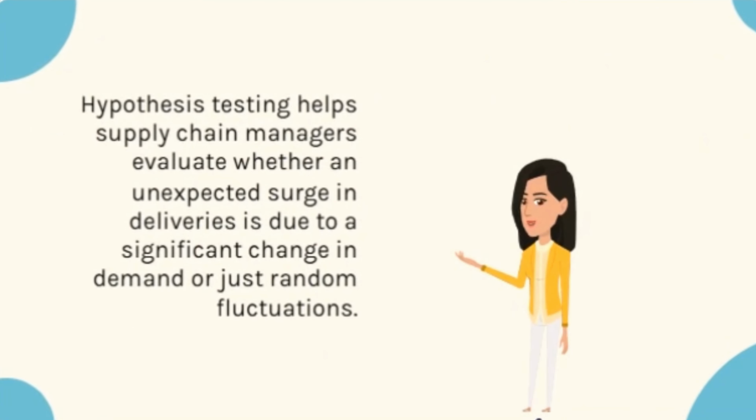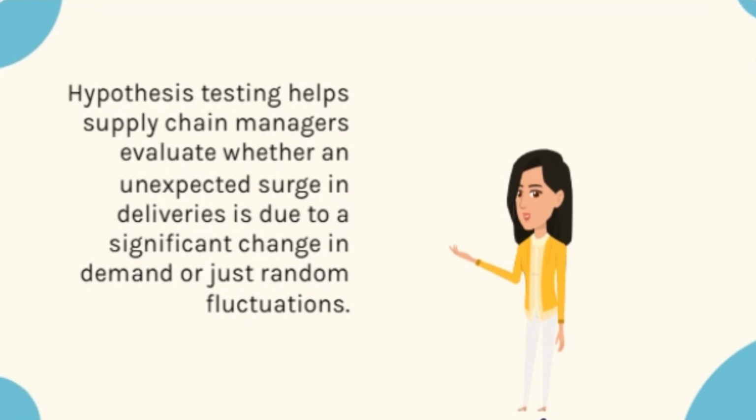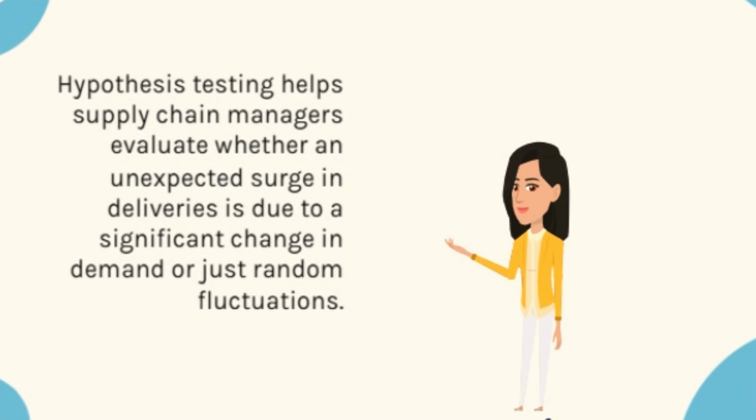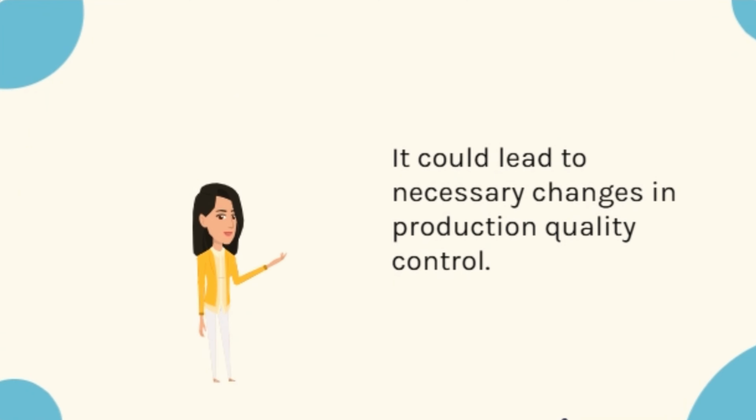Hypothesis testing helps supply chain managers evaluate whether an unexpected surge in deliveries is due to a significant change in demand or just random fluctuations. Manufacturing. In production lines, testing the number of defects in products over time can help identify if a new process or machine is causing more errors than expected. It could lead to necessary changes in production quality control.